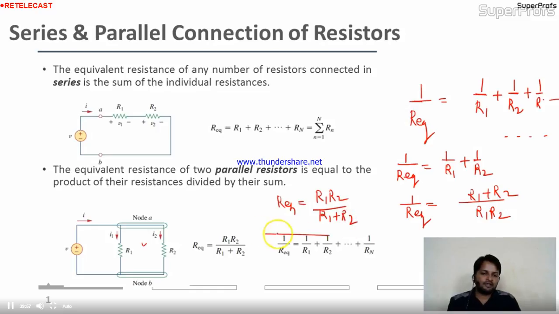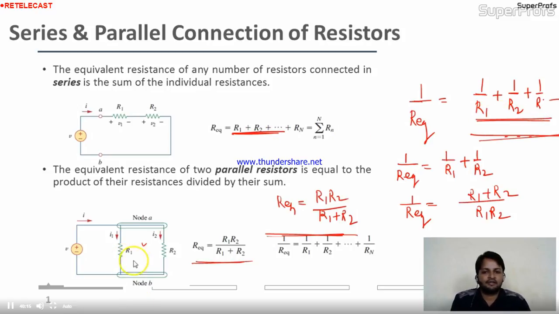So for two elements connected in parallel, directly we will use this formula, R1 R2 upon R1 plus R2. And this is the original formula, 1 by R1, 1 by R2. Here this is the summation of impedances, this is the summation of admittances. Is it okay to you people? So it is simple, that's why we are not going deep, we are not deriving how this formula comes here. Okay.